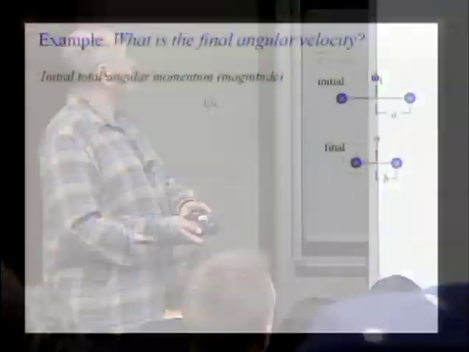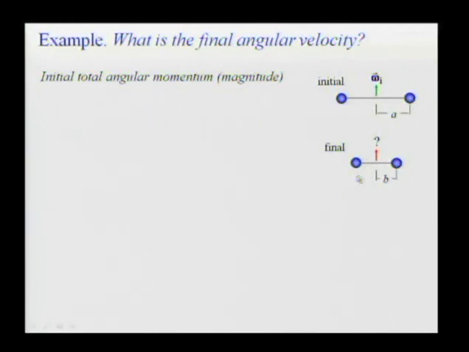All right. So how about if you write down the expression for angular momentum? We can even recognize that angular momentum in both cases, let's say, is up. So how about if we think just about the magnitude of that angular momentum? So the total angular momentum of the two particles in the initial configuration.